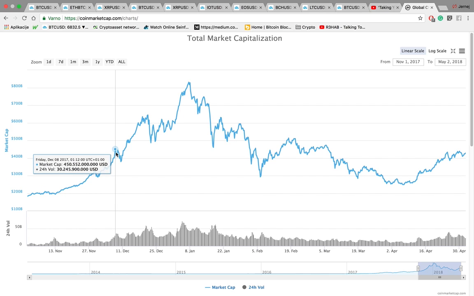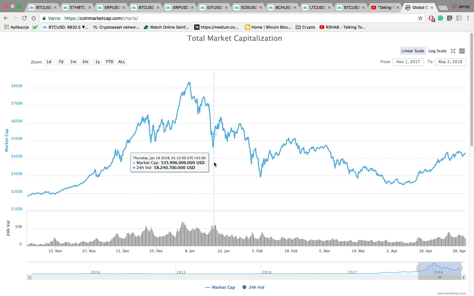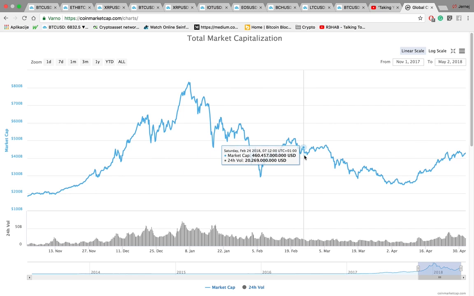But we see here we first hit the resistance at 450, and then we bounced off. Okay, this was 460, and then we were bouncing off 430.